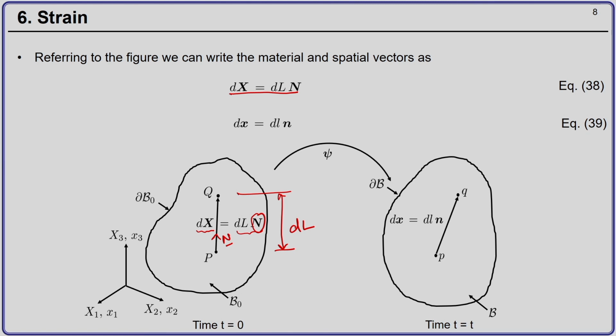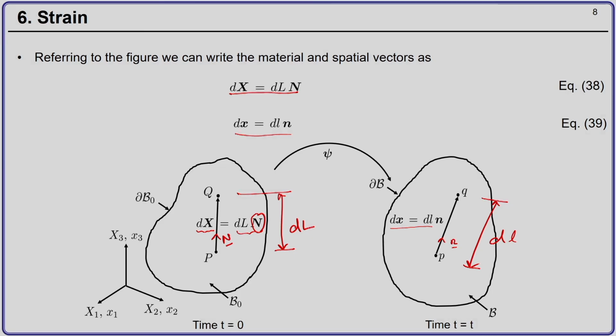Similarly, in the current configuration, the material vector PQ has deformed and has become spatial vector pq. Let the length be dl. In that case, the spatial vector dx is written as the length of the vector times the unit vector along pq, n.